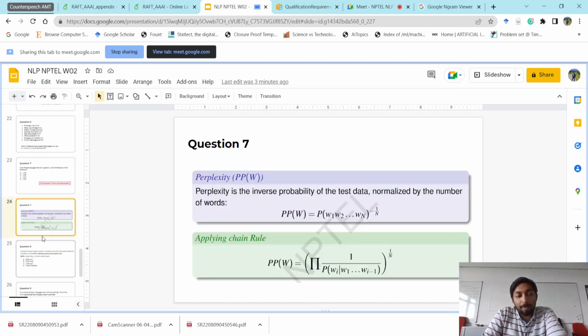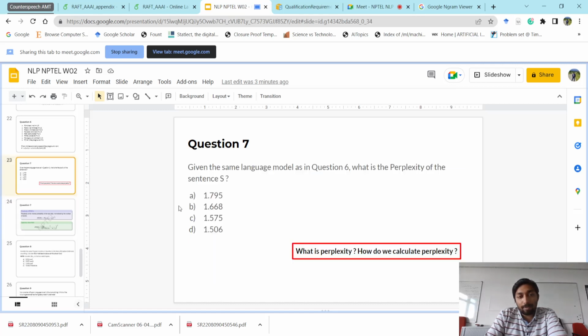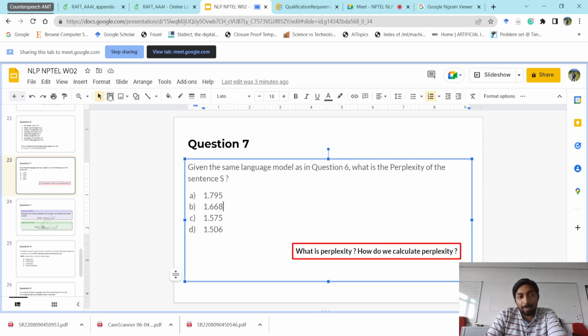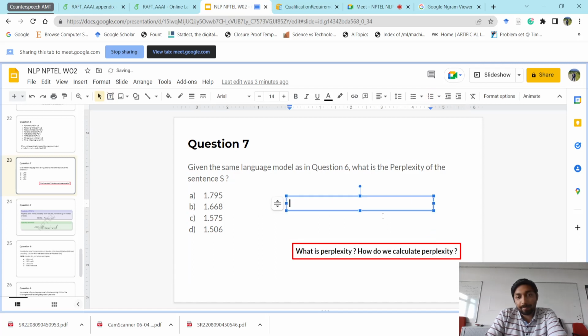So now tell me what will be the final formula? Nine by 60? No, think about it. P, this part we already have, 1 by 60. We have n which is 9.